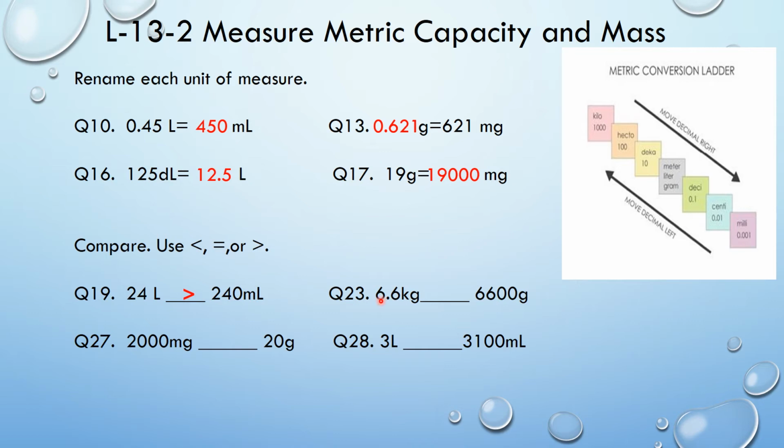Then 6.6 kg is equal to 6,600 gram. Just check, because one is in kg and one is in gram. Convert into the kg again. Where is your gram here? And where is the kg here? How many steps? 1, 2 and 3.